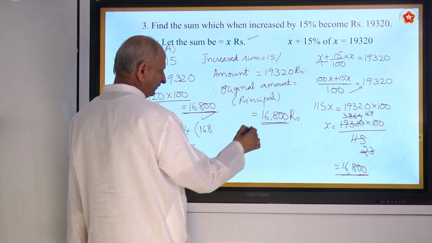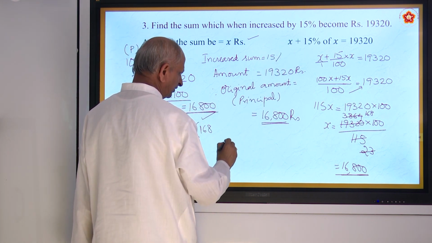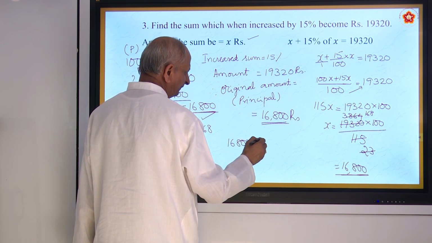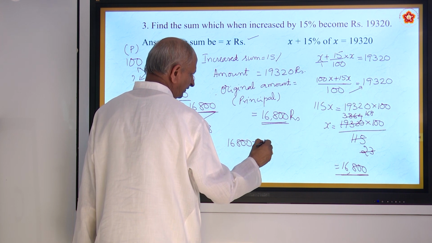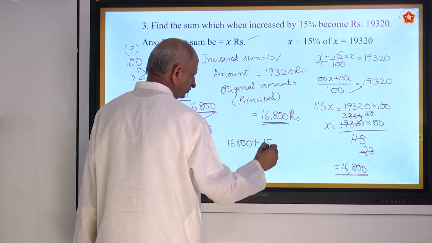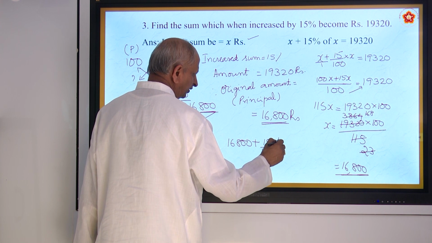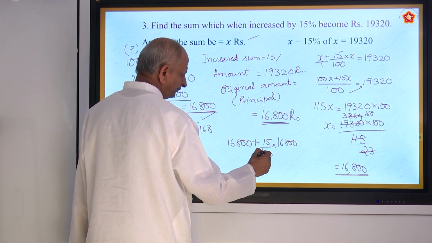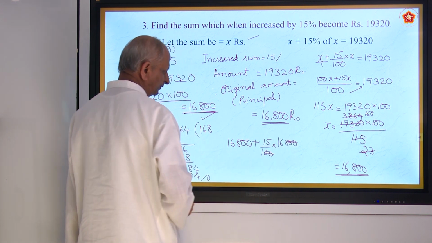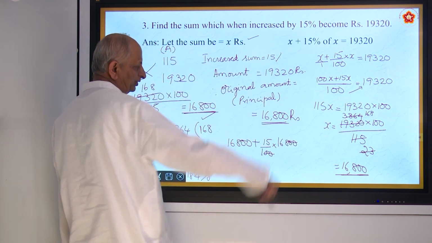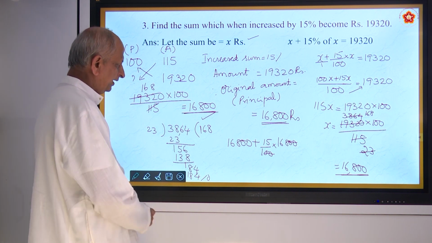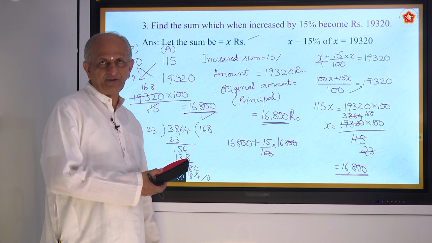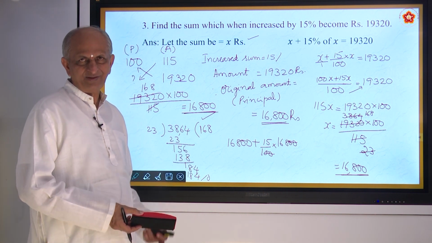For example, if you verify, x means 16,800 plus 15% of x means 15 by 100 into 16,800. You just cancel, you get the same answer. What is the answer? 19,320 you get. Okay, that is just verification. So this is the answer for the question. You had noted it down? Okay.